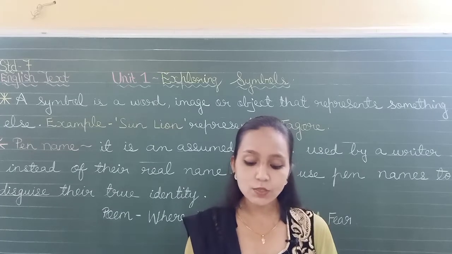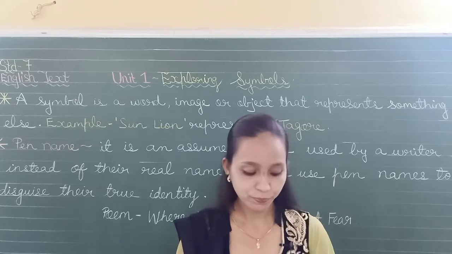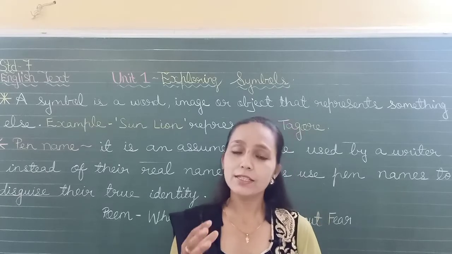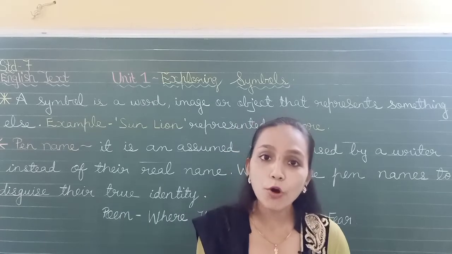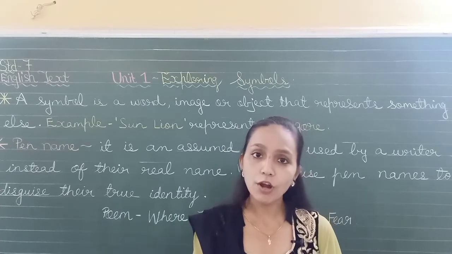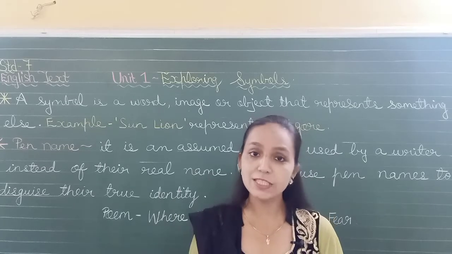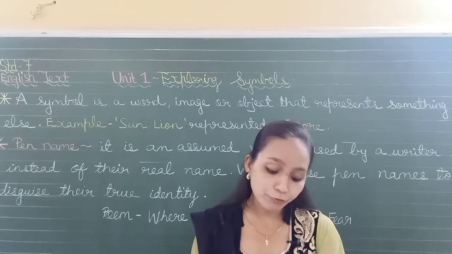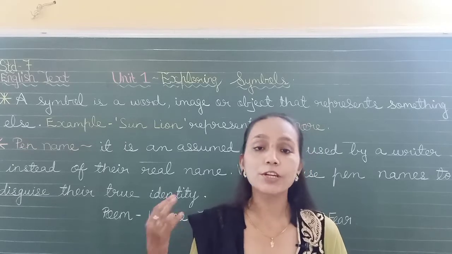Where the mind is without fear and the head is held high. Over here, in short, in brief, this poem is written by Tagore as a prayer to the Almighty to free people. This poem has been written before independence and he wants to free India from the Britishers.